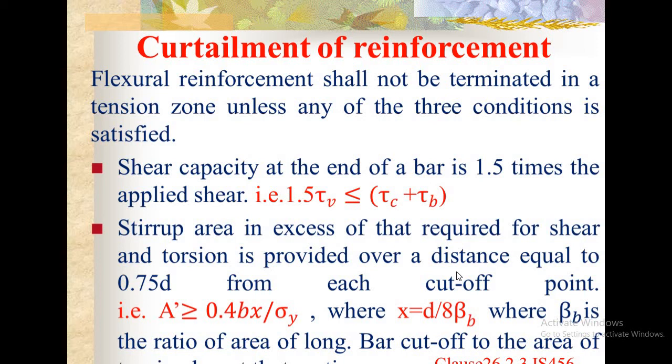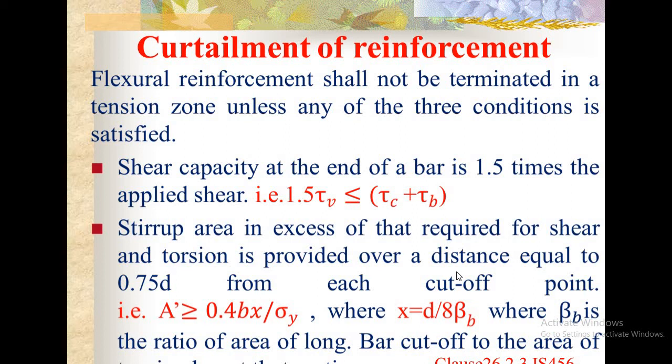Shear capacity at end of bar is 1.5 times the applied shear, that is 1.5 tau v should be less than or equal to tau c plus tau b. I think all the technical terms you have already studied.